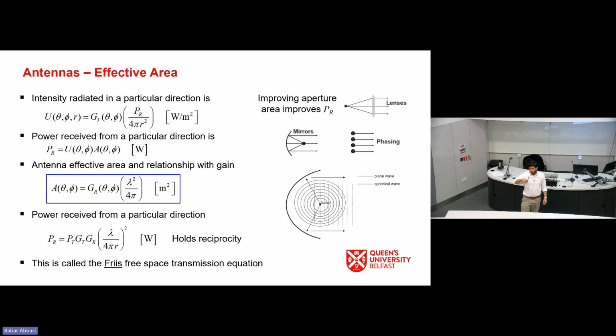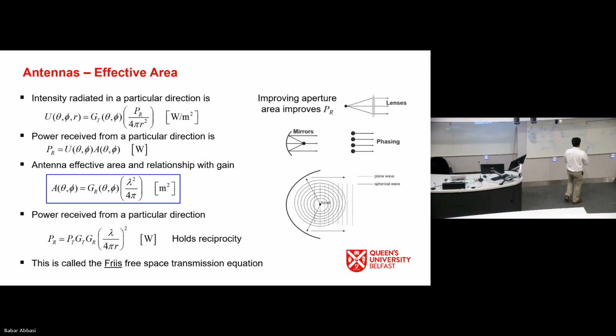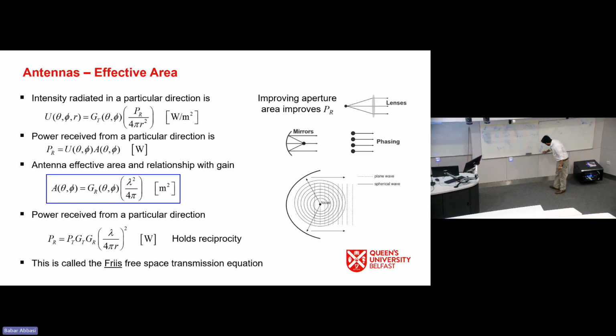But what we can control is the gain of the transmit antenna and the gain of the receiver antenna. We can use a high gain antenna for transmission and a high gain antenna for reception. We can also push more energy into the transmit antenna, so PT.